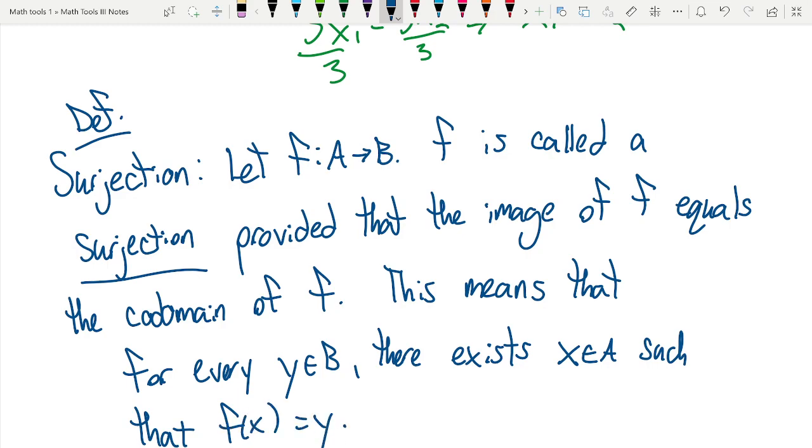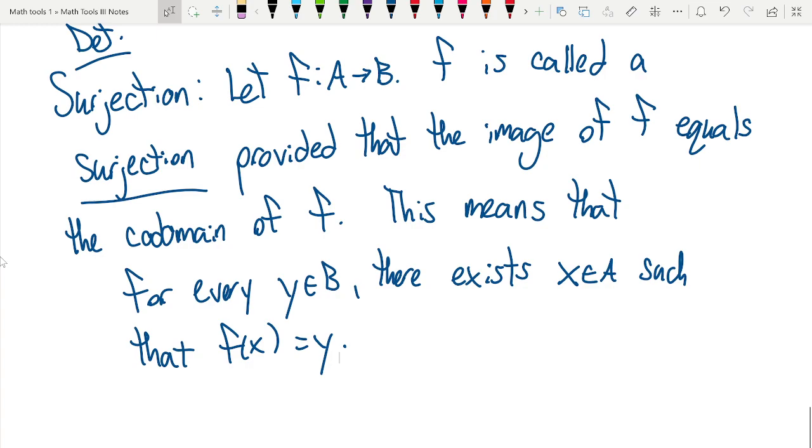So this gives us a little bit more of a framework, because we can pick a y in B and then show that there must exist x in A where f of x equals y.